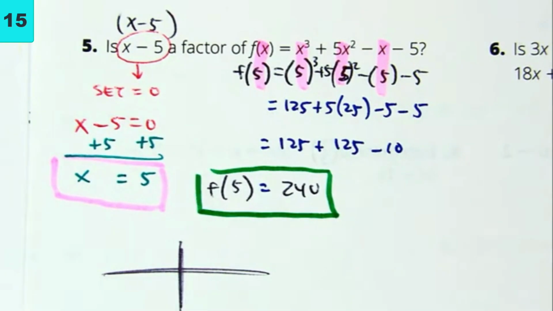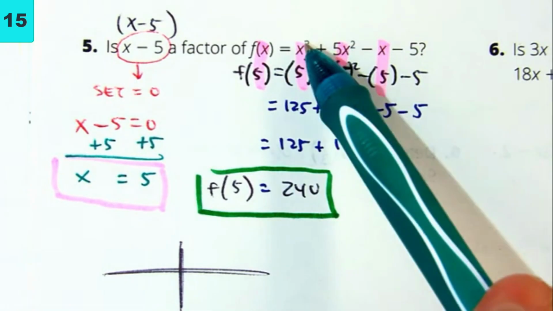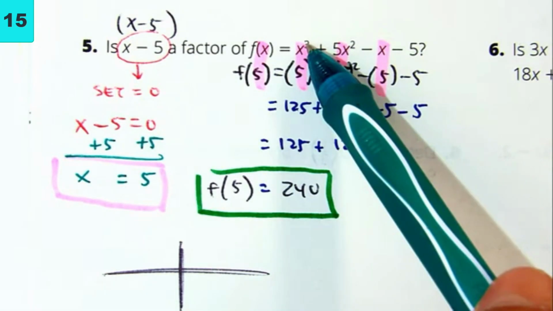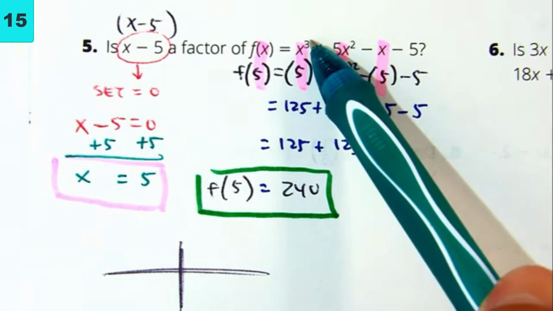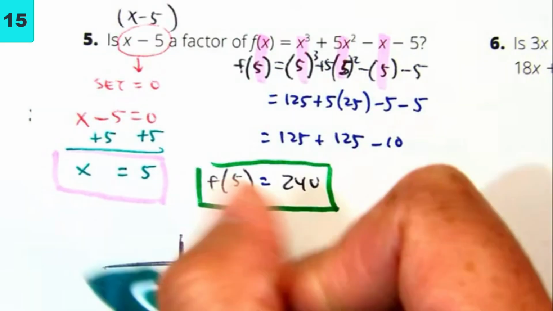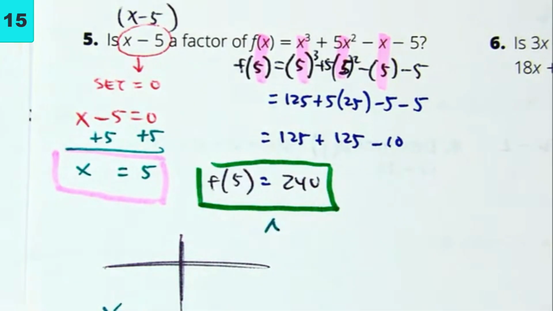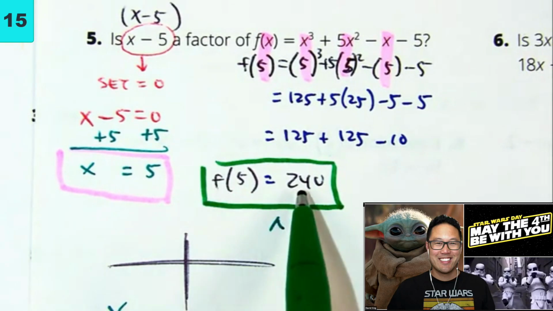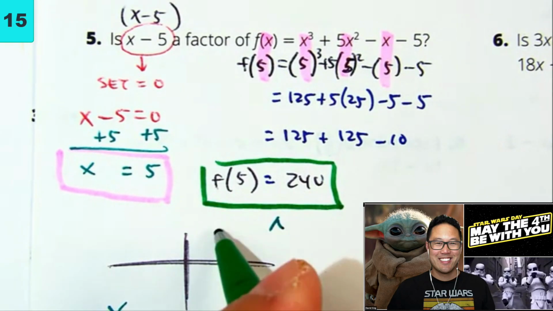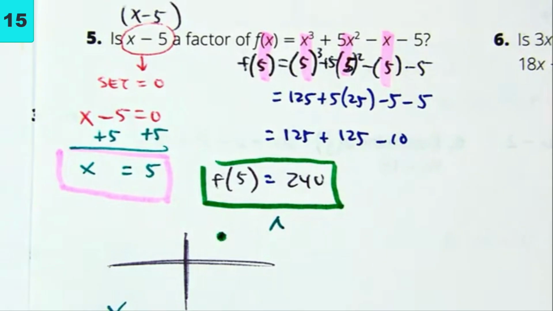Brendan, what's the degree of the polynomial? Odd or even? Where are the arrows? Correct. If I graph the ordered pair 5, 240, my graph has to go there.